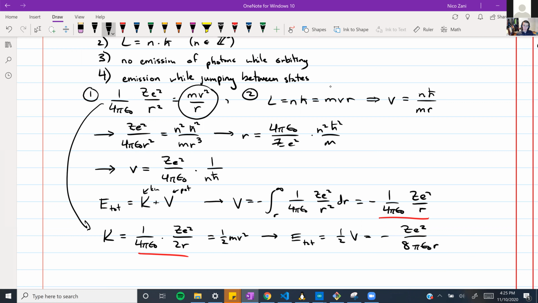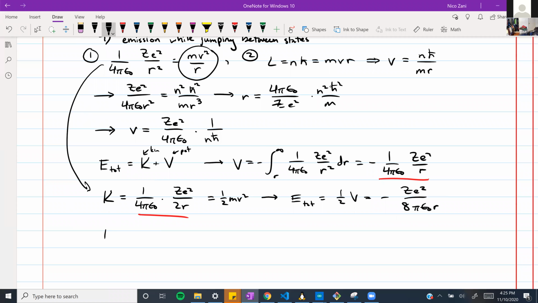Very cool, very nice. From here, we just plug in r and we get what our energy is. So this means that E total, and I'm just going to do the math really quickly, is negative m Z squared e to the fourth over 4 pi epsilon naught squared times 2 h bar squared n squared.